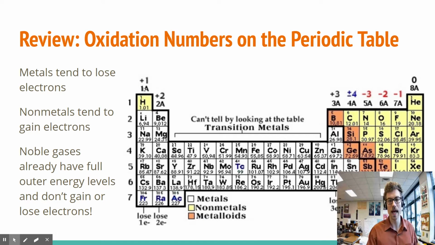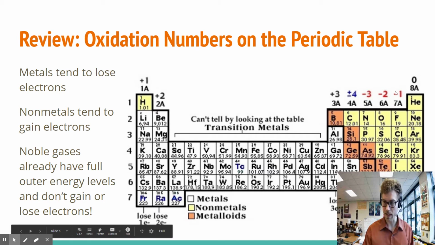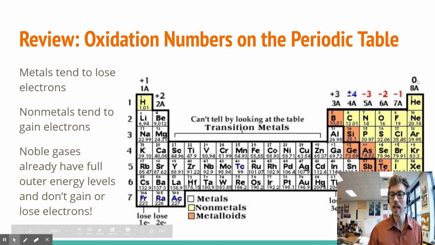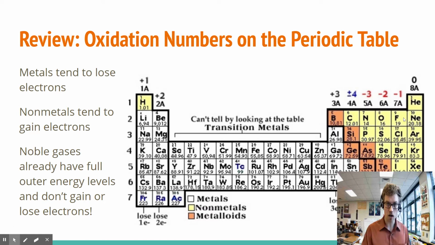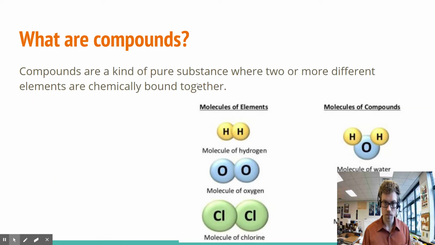So remember, group 1A has a +1 charge, group 2A has a +2 charge, group 3A +3, 4A is plus or -4, can either gain or lose, and then 5A -3, 6A -2, 7A -1. And remember that the noble gases over here have a 0 charge because they already have full outer energy levels. They don't want to gain or lose electrons.